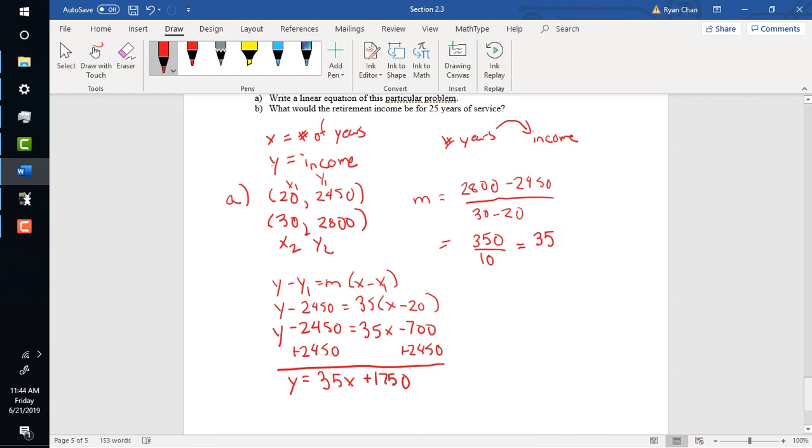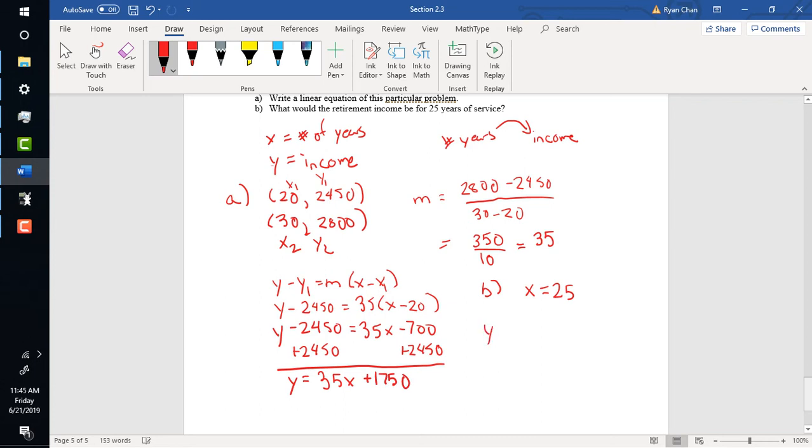Now, part B says, what will the retirement income be after 25 years of service? We have to realize, what does 25 years of service represent? That is X. So all they're asking us is to replace X with 25.